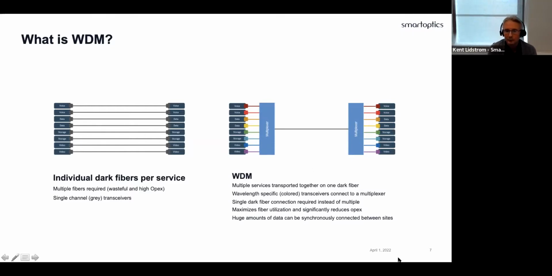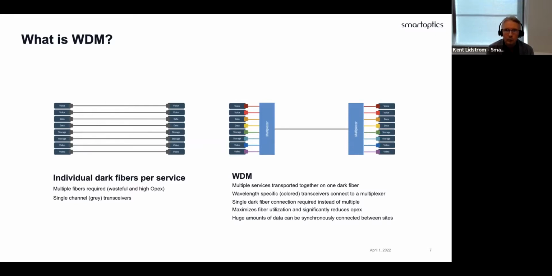But if we then look at the advantage of this, with wavelength division multiplexing you can utilize one fiber pair and go much longer distances. For just a point-to-point transmission like this, if you have fiber, it might not be that much of an advantage.